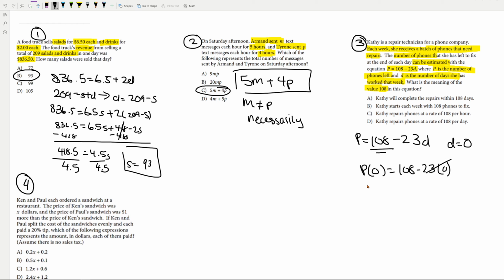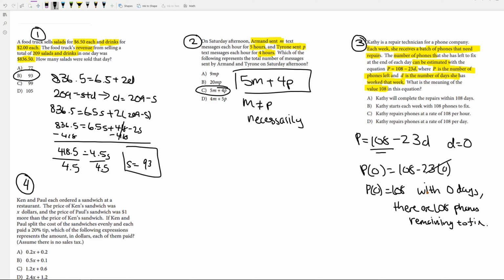So if we plug that in, the negative 23D crosses out, and we're left with P of 0 is equal to 108. So from the definition of the function that they gave us, we know that P is the number of phones left, and she starts each week with 108 phones to fix. So yeah, the answer is B.